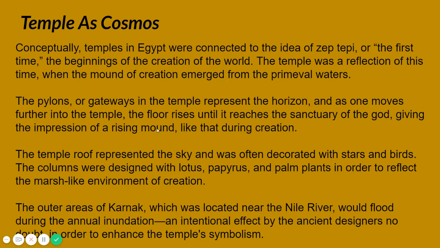That was symbolic of those waters of creation coming and flooding, and then the mound being created from those waters. So this is a beautiful example of symbolism, innovation of construction, and blending with contextual religious belief. All of these harmonize together to create a really, really beautiful structure.